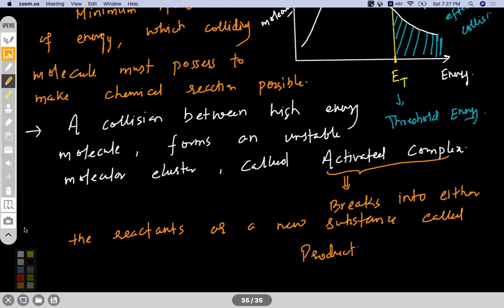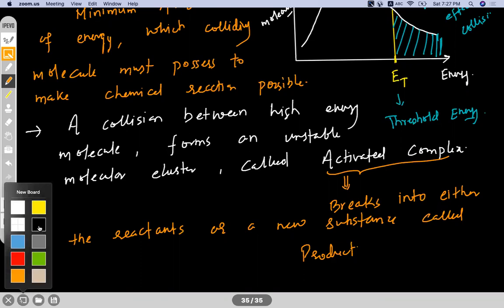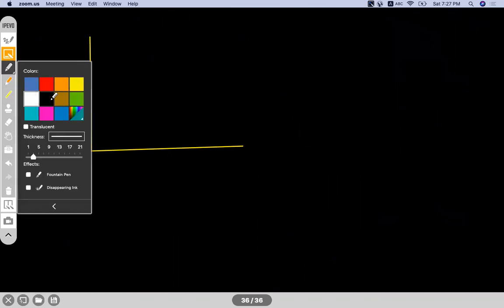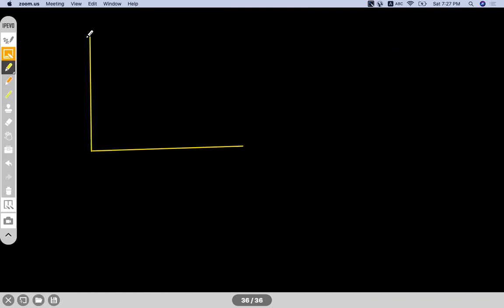The last thing is the graph we need to see for this. Two graphs we have. First, we'll discuss the first one, and similarly, you can understand the second one also. So this y-axis is the energy. X-axis is the progress of reaction.